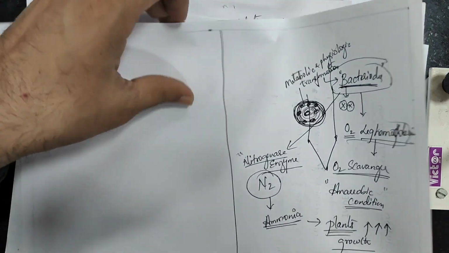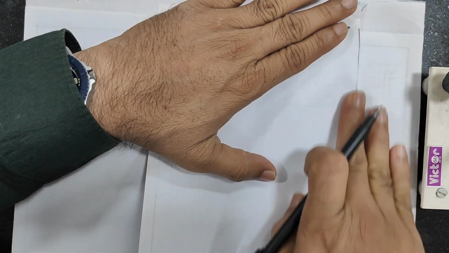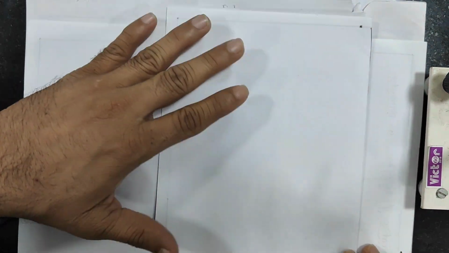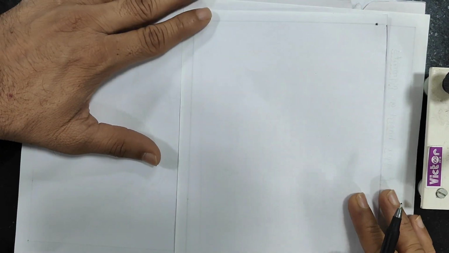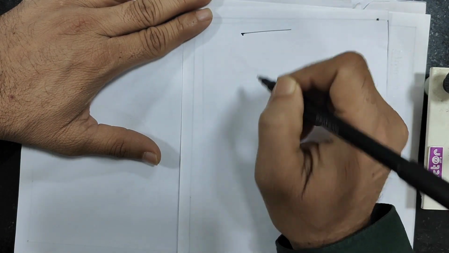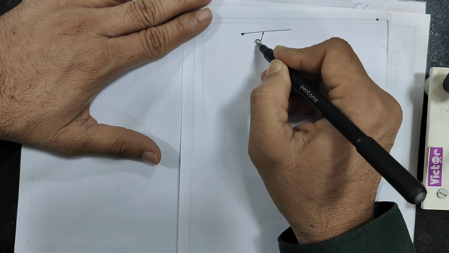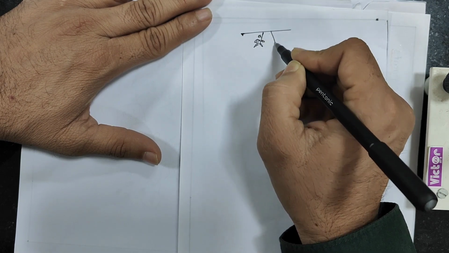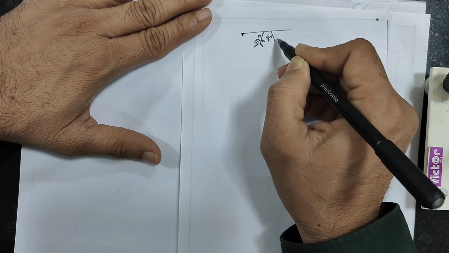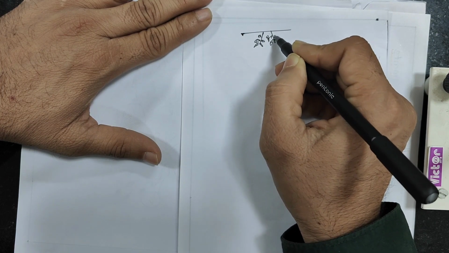Now let us talk about how this Rhizobium bacteria are isolated. As we came to know that they form root nodules and perform nitrogen fixation.